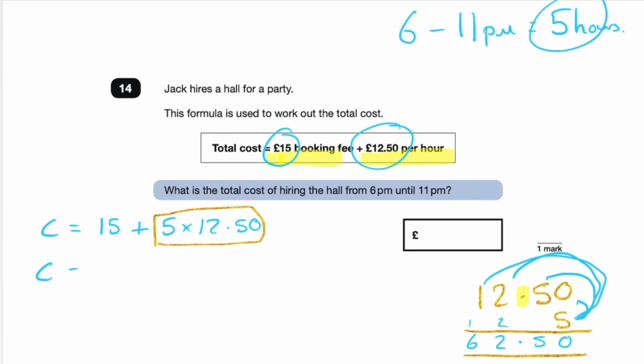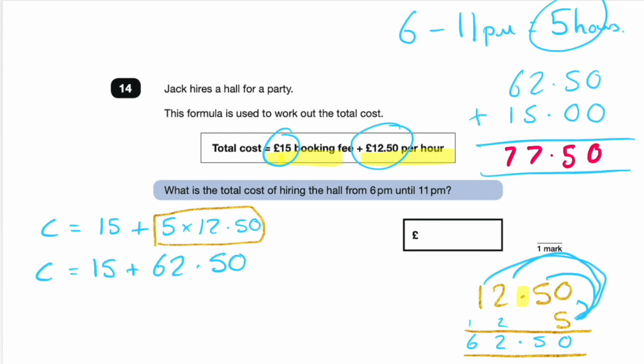The cost equals £15 plus the total cost of the hours, which is £62.50. Now I simply just add this up. £62.50 plus £15. So my total cost equals £77.50. Make sure I put it into the right box. And I'm good to go.